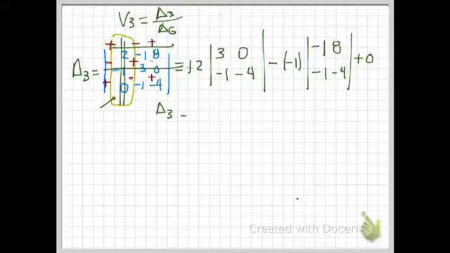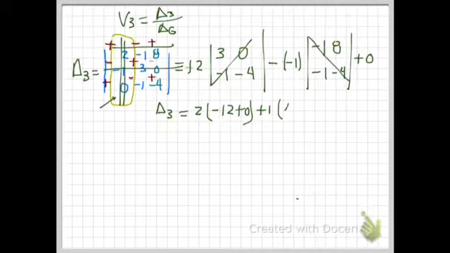Then we move to the next number, which is a 0, and since it's a 0, everything's going to go to 0. Delta 3 is going to be equal to 2 times 3 times minus 4. That's going to be minus 12, and then 0 and minus 1, so we can just add 0. And then minus and minus will give us a positive 1, and minus 1 and minus 4 will give us a 4, and minus 1 times 8 is going to give us a positive 8 plus 0.